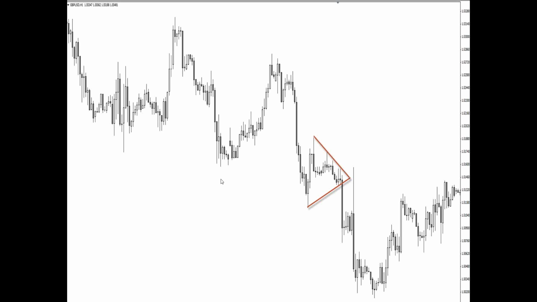The price will proceed further down. But sometimes the retest can happen a few hours later. So in this example, we can see how the price went down without the retest, and then it was retested on this spike up. So that was a retest before further continuation down.